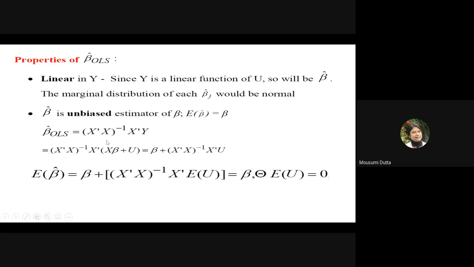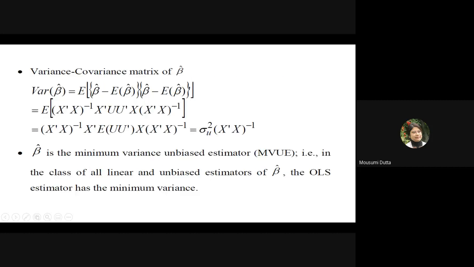Beta hat OLS is equal to beta plus x prime x inverse x prime u. So beta hat minus beta is nothing but x prime x inverse x prime u. So in place of beta hat minus expectation of beta, we are writing x prime x inverse x prime u.